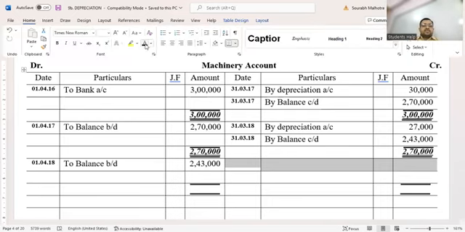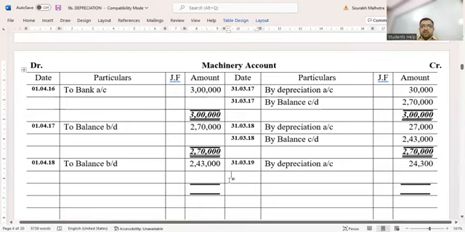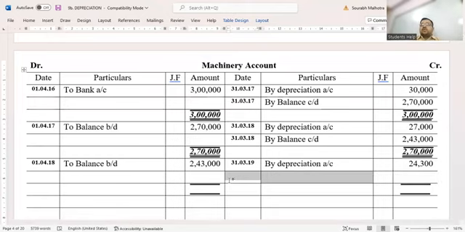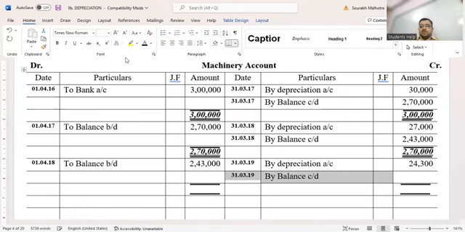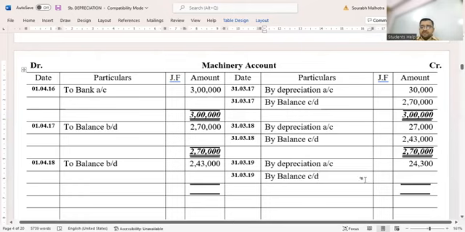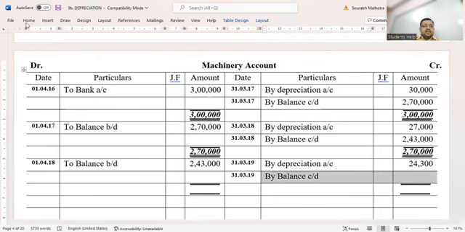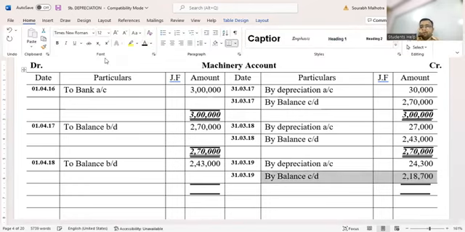How much? 24,300. Which side sounds short? What we'll write? By balance carried down or to balance carried down? By balance carried down. Get me the answer. 2,43,000 minus 24,300 sounds what? 2,18,700. Let's see it's correct or not. It's correct.